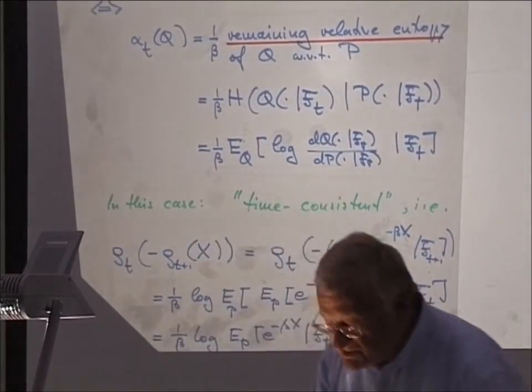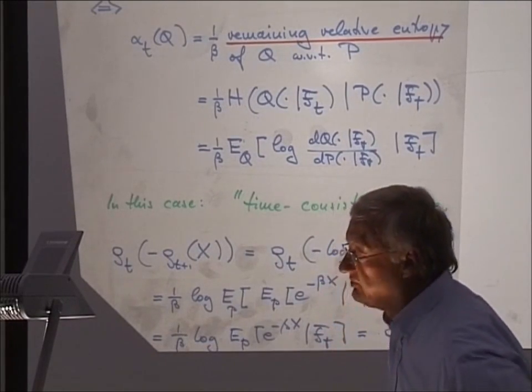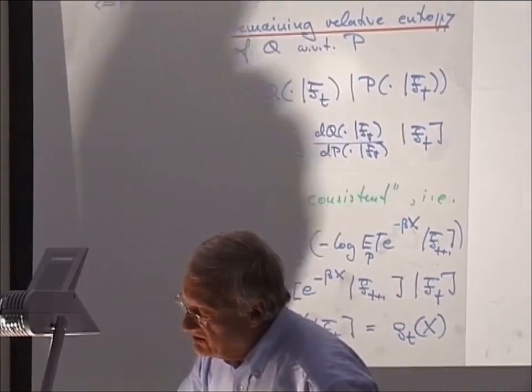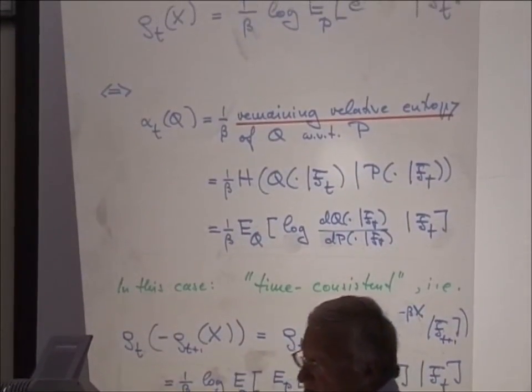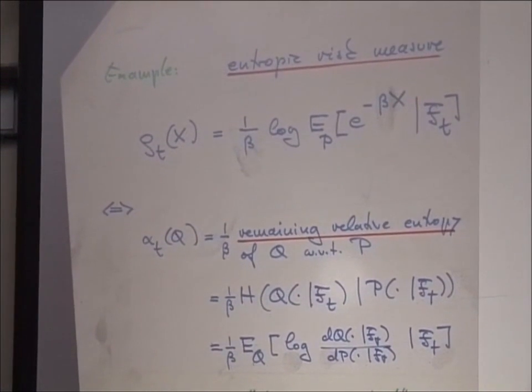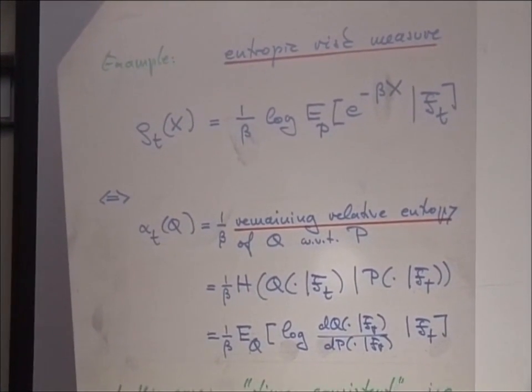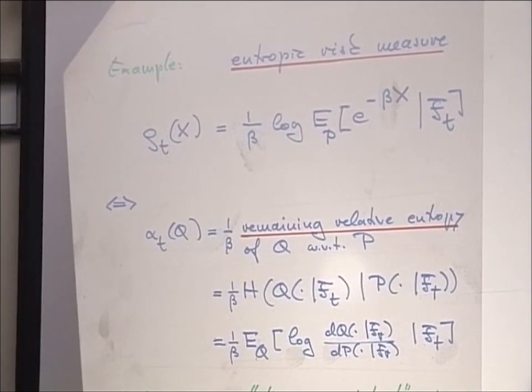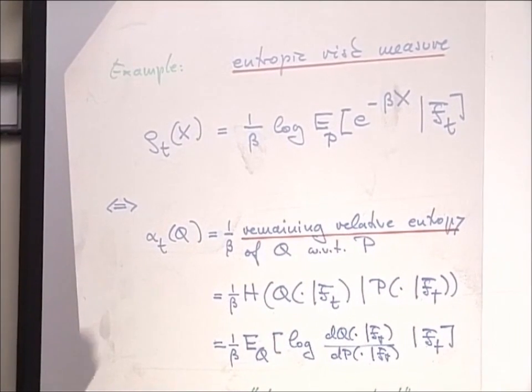The entropic risk measure, now in conditional form. You fix some constant beta, and you take the log of the conditional expectation of the loss weighted by some exponential loss function, and that's the conditional entropic risk measure at time t.